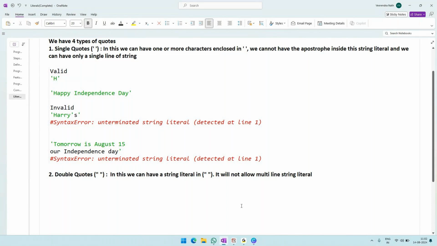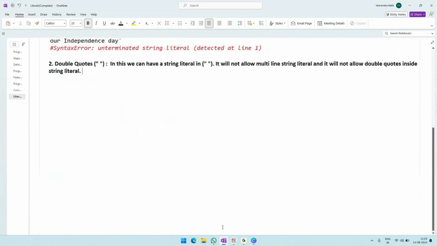And it will not allow double quotes inside the string literal.